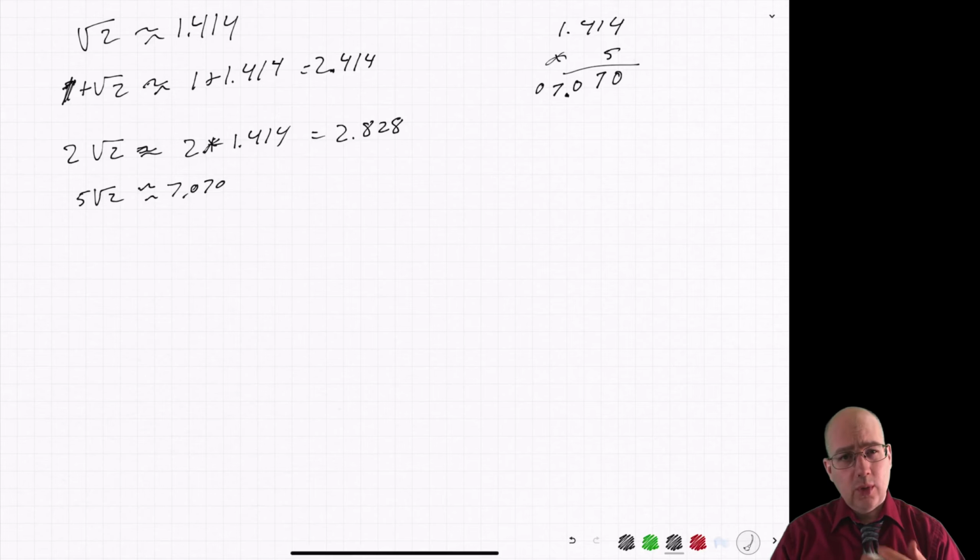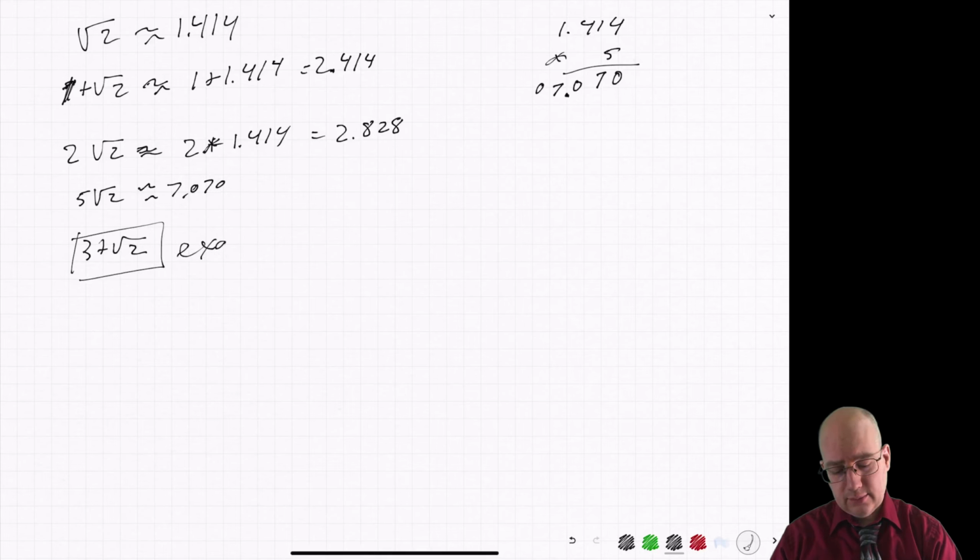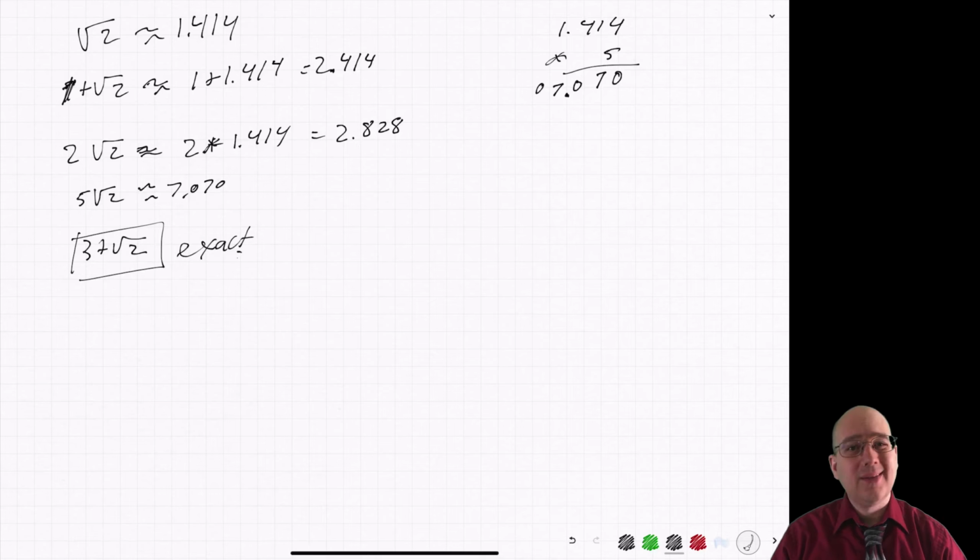If you wanted it to be precise, 3 plus root 2, that's exact. There's nothing you can really do beyond that.